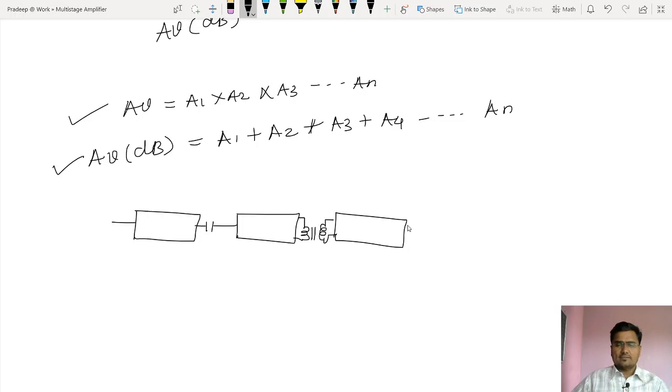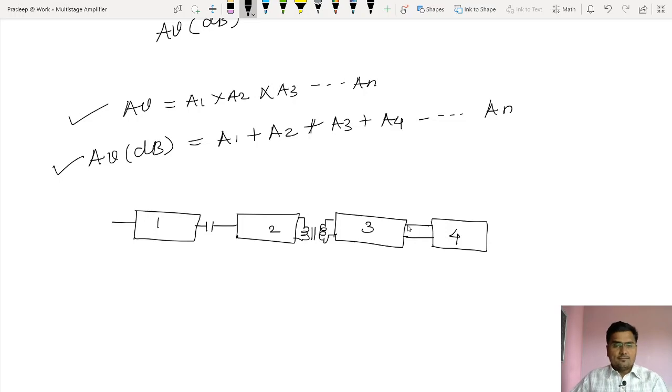Now the third stage is connected to the fourth stage directly without any coupling component. Now just check what the difference is.